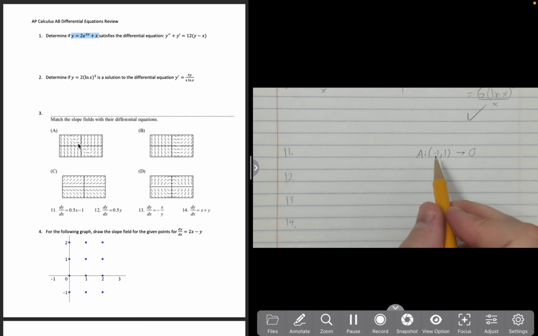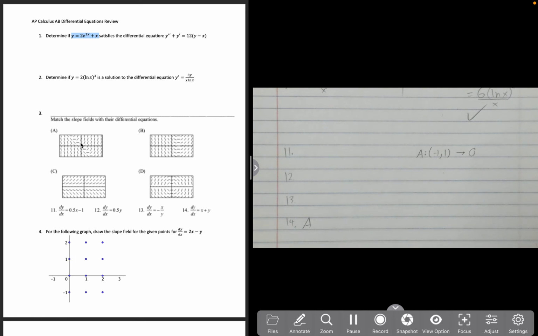So what I'm going to do is substitute that into these 4 answer choices. So 11, if I plug -1 into that, I won't get 0, so A can't go to 11. When I plug 1 into that, I won't get 0, so A can't be 12. If I substitute 1 and -1, I also don't get 0, so it can't be 13 for A. So it looks like 14 corresponds to A.